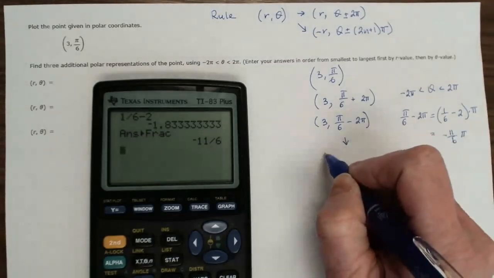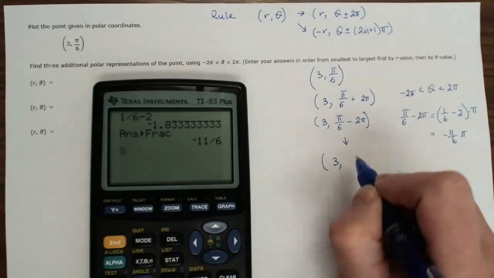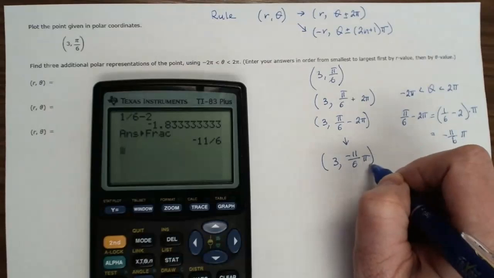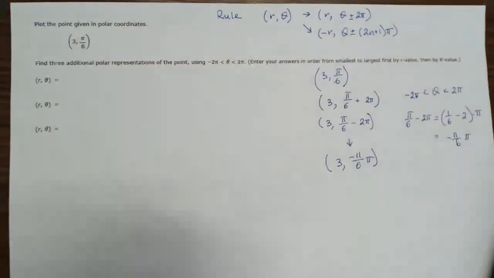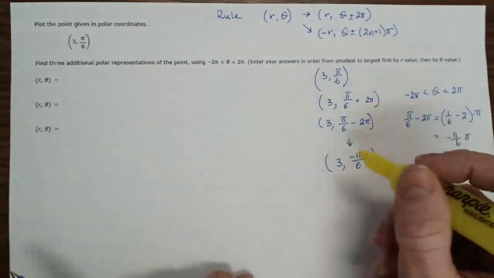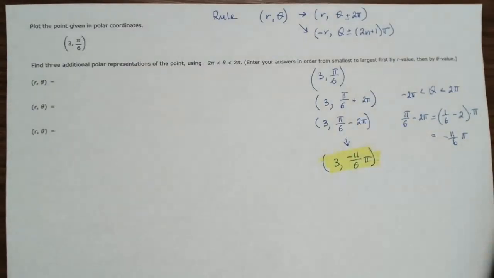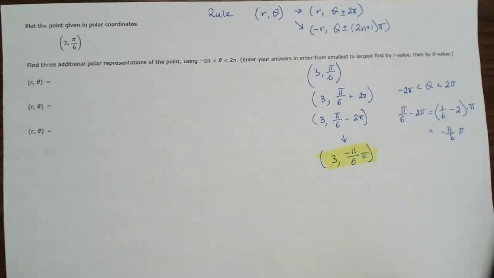So this point will be 3 and negative 11 over 6 pi. And maybe it's a good idea to use the colors. Just remember that this looks good, and we will use this one as one of the answers, but we don't know the order yet. So we will keep going.